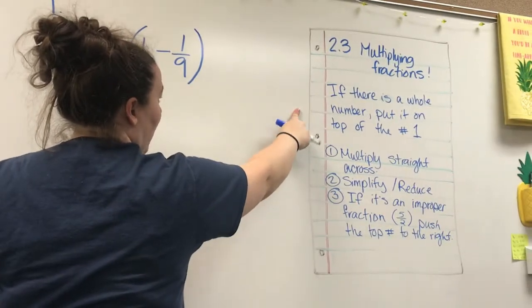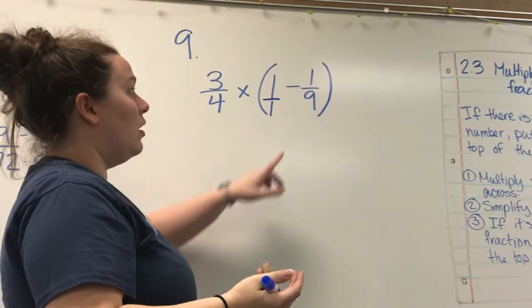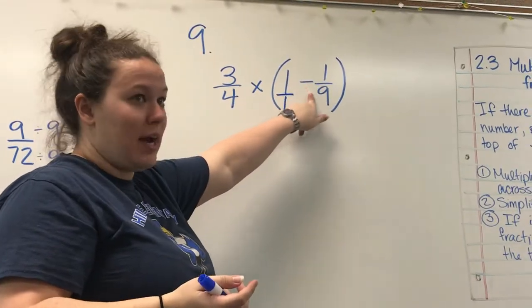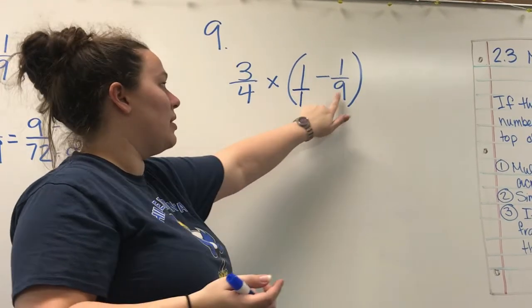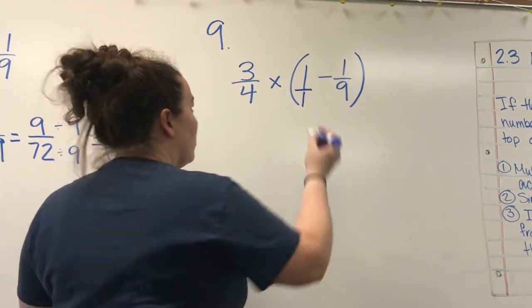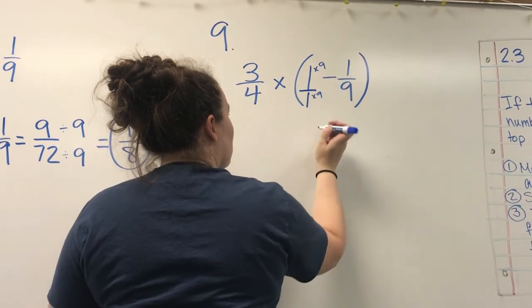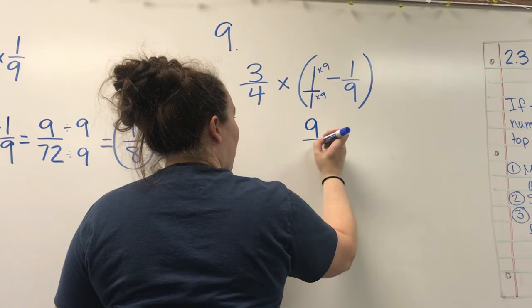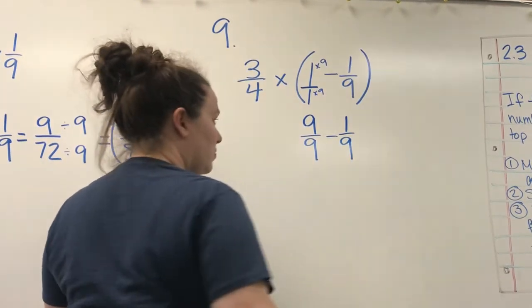If it's a whole number, you have to put it on top of a 1. So I have 1/1 right now. But I'm subtracting, so they have to be the same. Can I turn this into something that gets along with a 9? Whatever you do to the top, you must do to the bottom. So my new fraction is 9/9 minus 1/9.